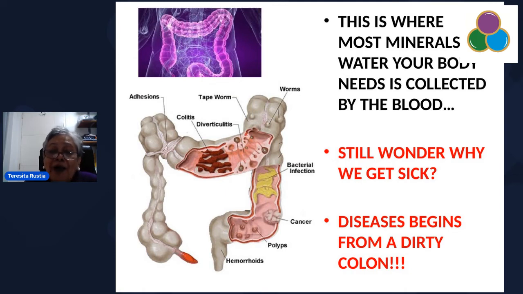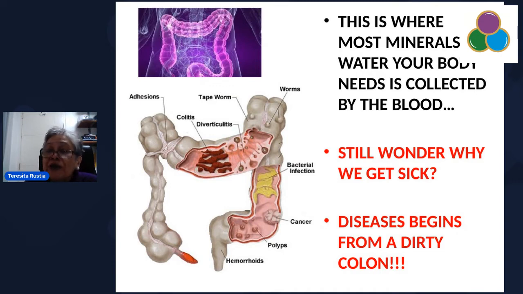Now, why does decomposition take place in the large intestine? Because there are bacteria of decay that eat the undigested food, and they produce a lot of metabolic waste. At the same time, another metabolic waste they produce is acids, which could cause inflammations.